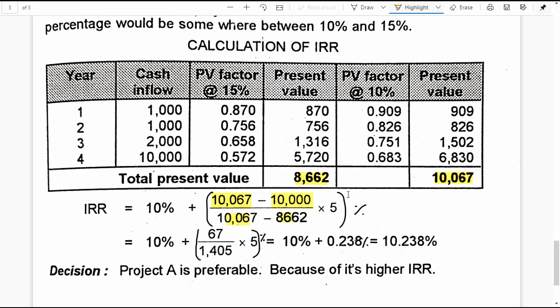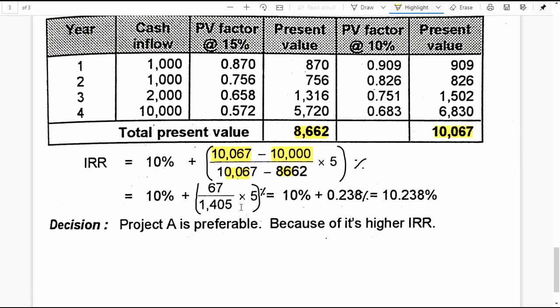It comes to 5. Keep the second working within bracket and write the percentage symbol outside. Now 10% plus, if you simplify this, it gives us 10% plus 0.238%. The total comes to 10.238%, which is the IRR of project B.